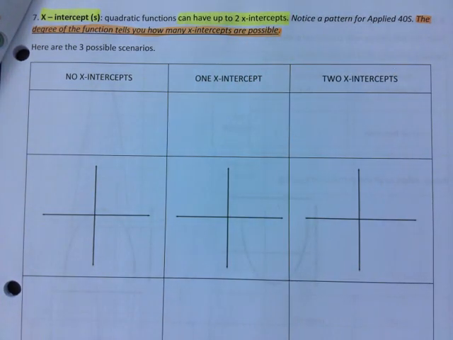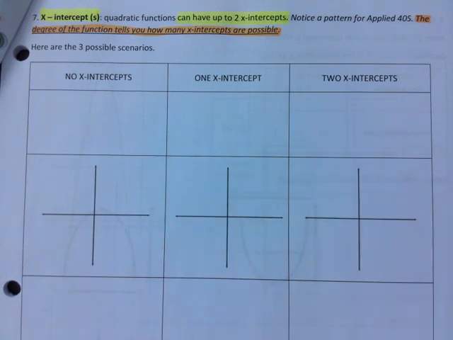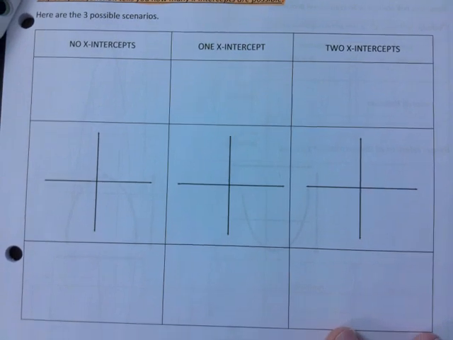When you looked at linear, it has a degree of 1, so 1 x-intercept possible. Quadratic, degree of 2, 2 possible. Cubic, 3 possible x-intercepts. So keep that in mind for next year.